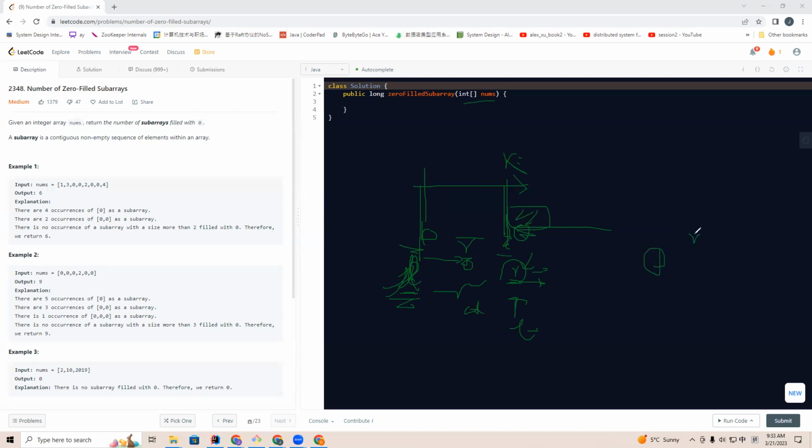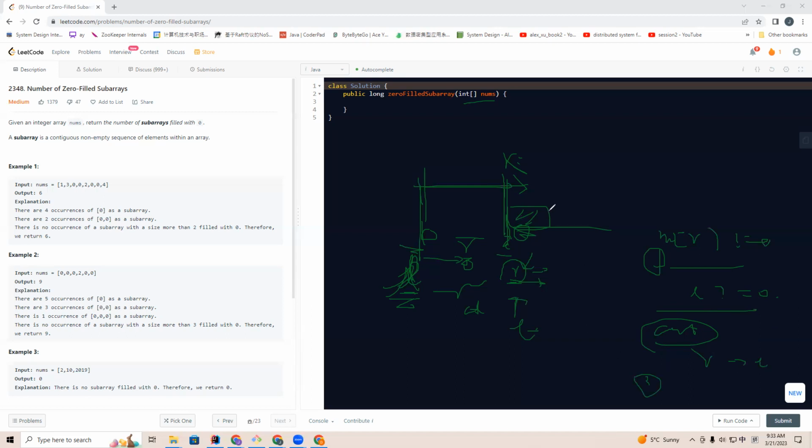So we'll do two things. We find that nums[right] doesn't equal 0. That means this one became a concrete number, and we see if nums[left] is 0 or not. If it is 0, then we find our range, and we can have this count, and our sum plus equals count multiplied by count plus 1 divided by 2, and then move the left to the same position as the right.